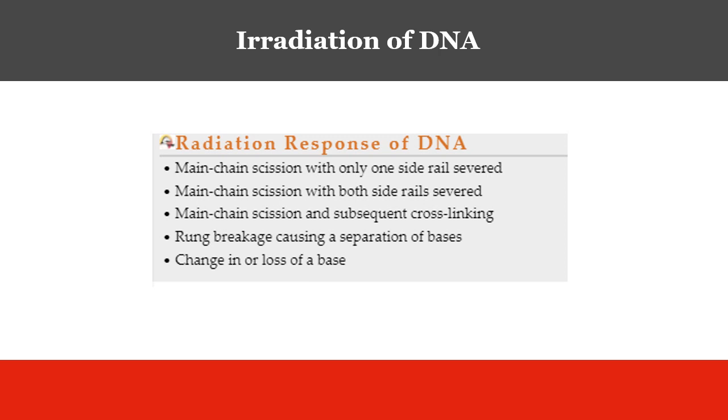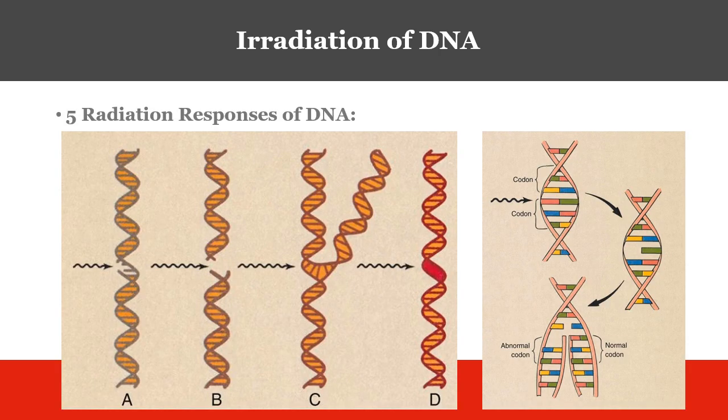So let's take a look at a picture. There are 5 responses from left to right. A is where we have main chain scission, or cutting a side rail of DNA, one side rail. B is cutting both side rails, which, if you cut at the exact same level, would break the DNA macromolecule into 2 pieces.